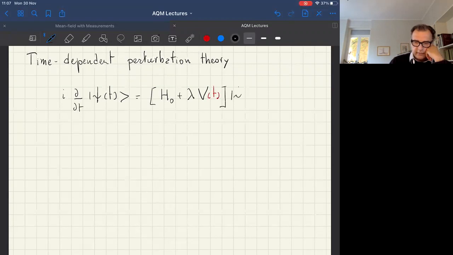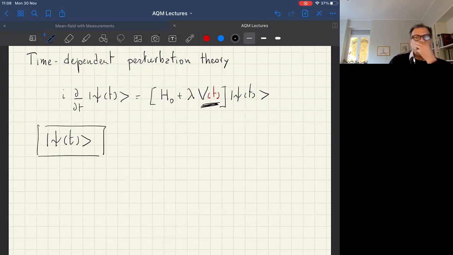If V depends on time, then talking about eigenstates and eigenvalues does not make sense. So what we want to determine is the whole time evolution of psi of t, governed by the full Hamiltonian.